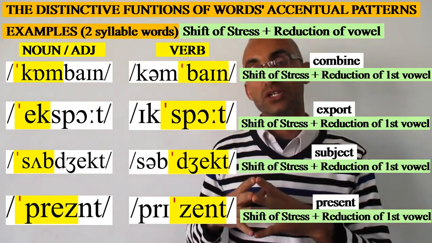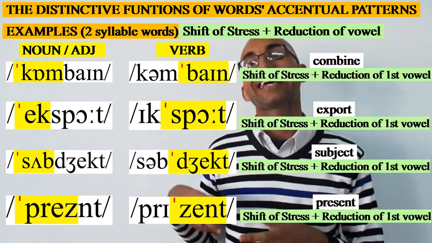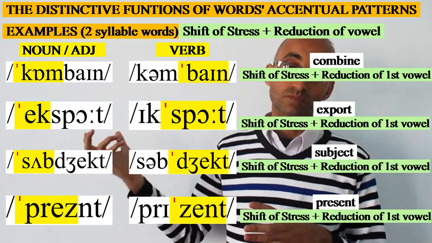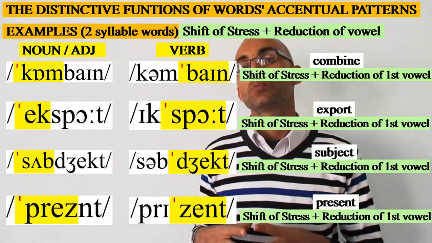Here, thanks to this change of stress placement, as well as the reduction of the vowel a to e, I can distinguish between the adjective present and the verb present.